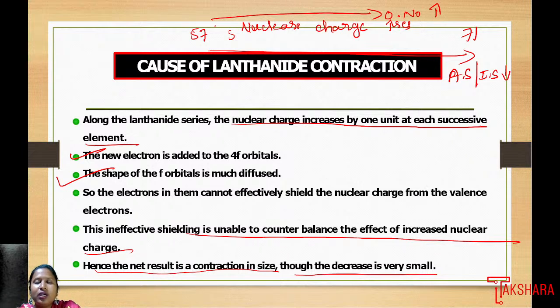Even though it is gradual, the atomic size decreases suddenly in the lanthanides. So the net result is contraction in size, though the decrease is very small. So with very small variations, the ionic size and atomic size keep decreasing.